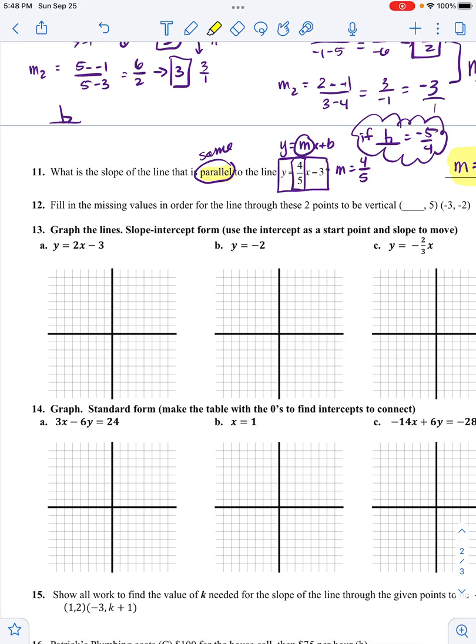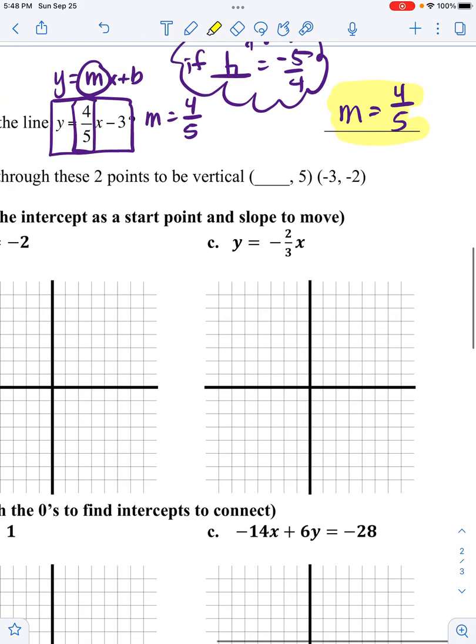Fill in the missing value to make this vertical. Okay, vertical means that this other point, negative 3, down 2, if you want to have a vertical line, the other point has to be on that same x value. So vertical lines, remember, have x in them only because they only cross the x-axis and they tell you where.